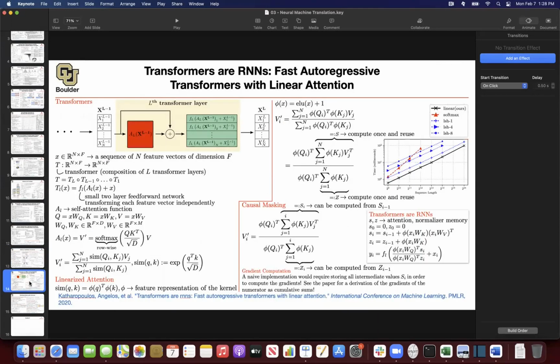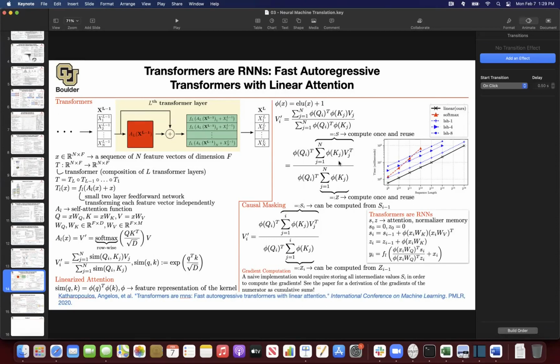Then we introduced another idea, which was turning transformers back into RNNs. And the idea was dividing this bivariate function into two components that are single variate. And as soon as you do that, you can just rearrange the furniture a little bit, and then compute most of your terms once and just reuse them.